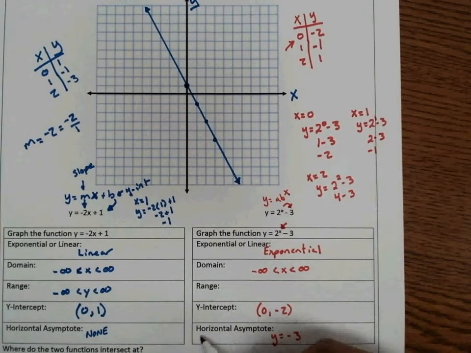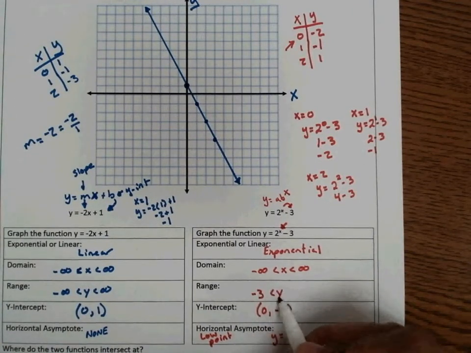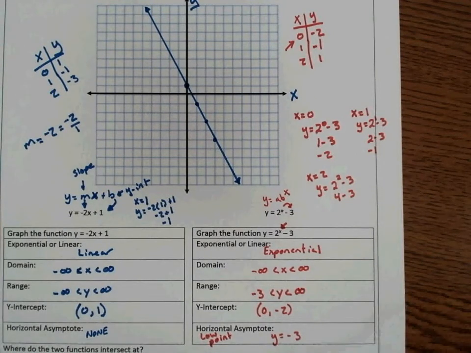And remember, our horizontal asymptote is the low point. So the low point is negative 3 for our range. We know the middle part is less than y less than. Remember, our exponential growth graph is going to shoot up, so it's going to be positive infinity. So pretty much, if you remember horizontal asymptote is the low point, you'll be pretty good with the range.